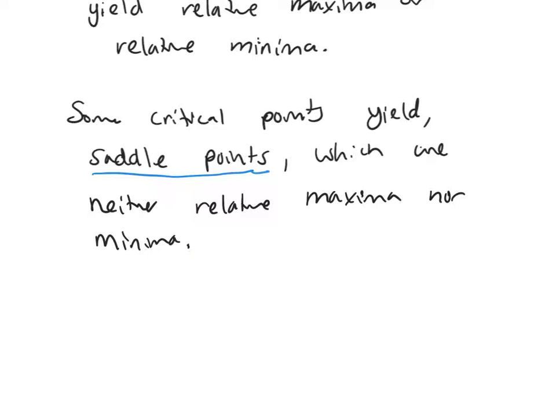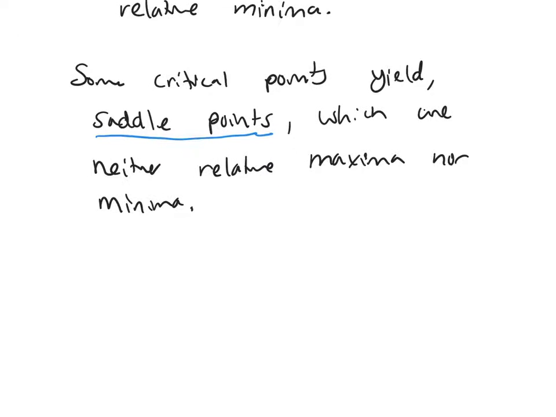There's a really nice picture of what a saddle point is. I'm not going to try to sketch one out here, but you can think of it as looking like a saddle that you would put on a horse. So that seat of the saddle is not a maximum because the saddle goes up, and it's also not a minimum because the saddle goes down on the sides.